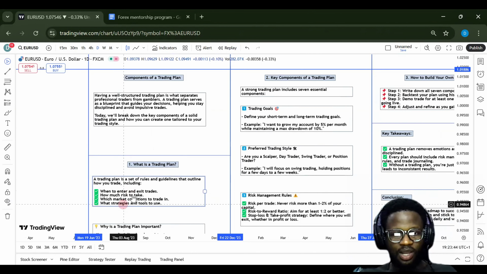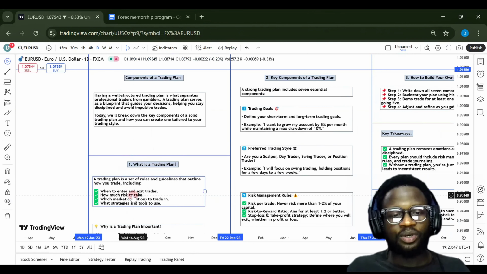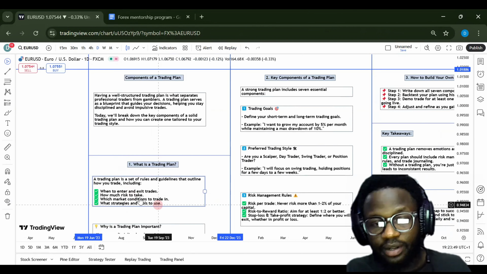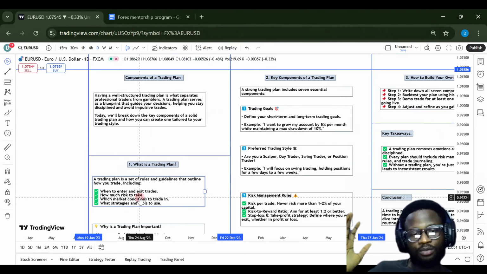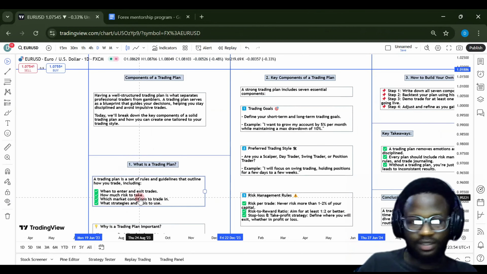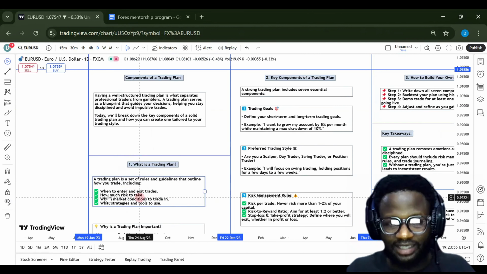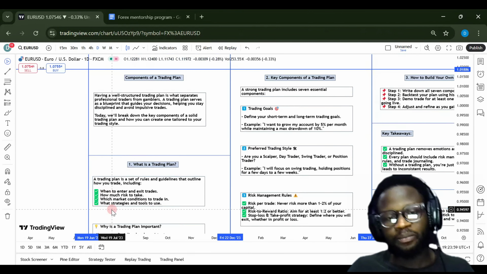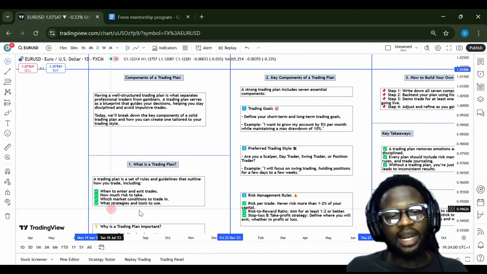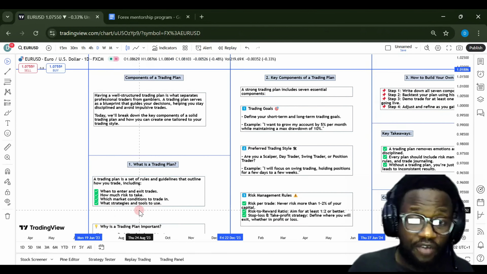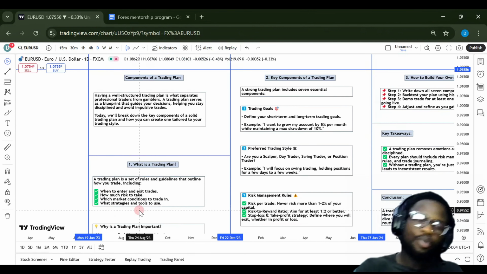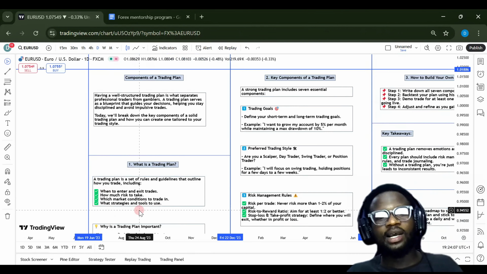How much risk to take, what market conditions to trade. This is an uptrend, I'm trading this. I'm not doing anything aside from that, I see opportunities for a buy, right? And lastly, what strategies and tools to use, like my very favorite one, Fibonacci, support and resistance, trend lines, and all that.